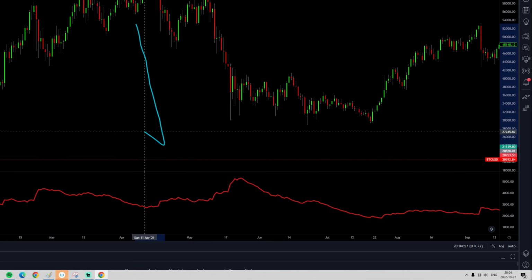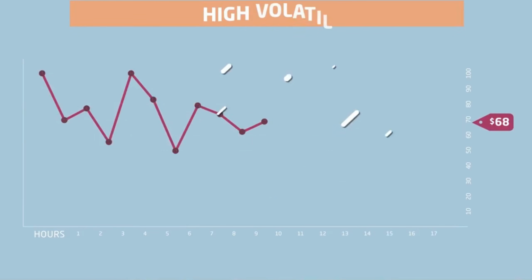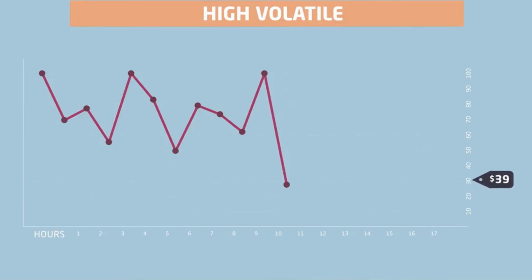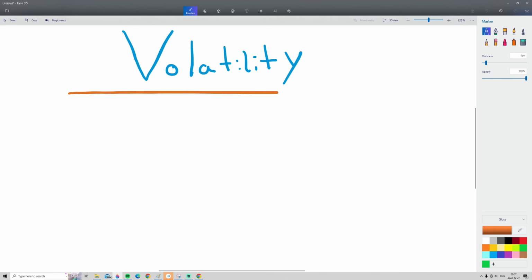And what does this indicator actually tell us? Well, simply put, the ATR indicator measures volatility. And you can think of volatility as how much and how quickly the prices move in a certain time period. So let's just very quickly demonstrate what volatility is, because if you understand volatility, you will pretty easily understand the ATR indicator.